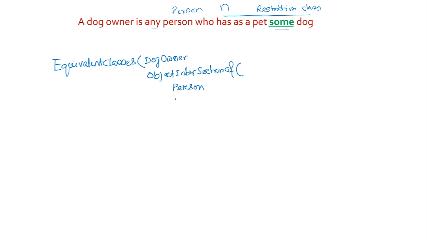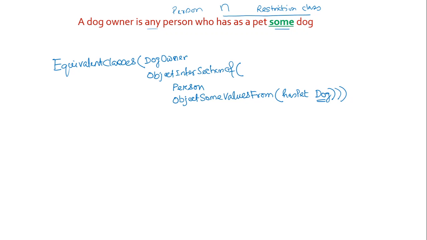So object some values from, having has pet as the property on which we are putting the restriction, and the value is the class to which the values for this property will be restricted.